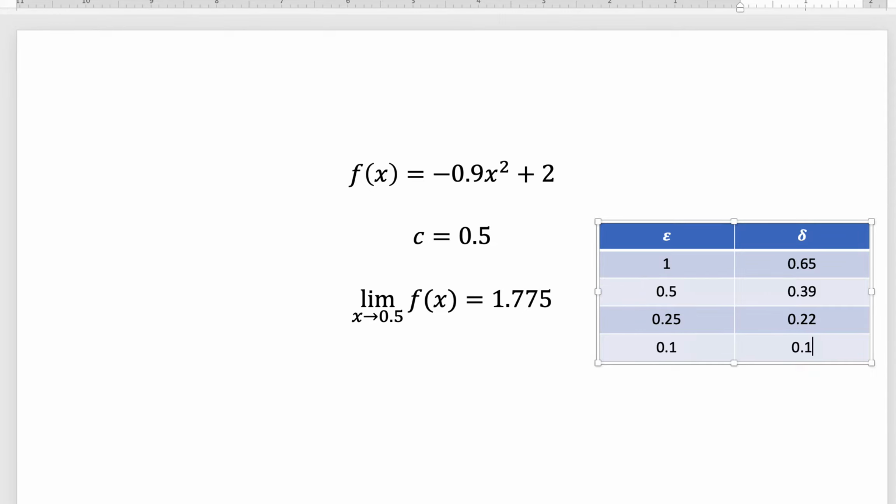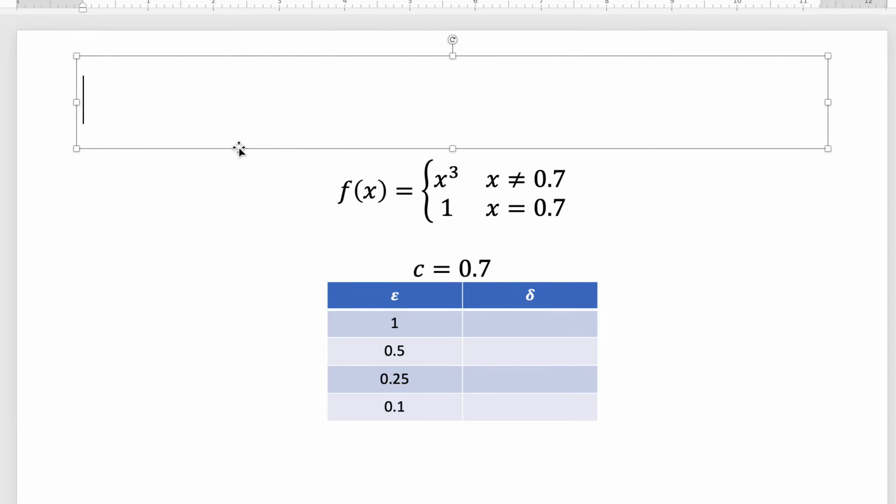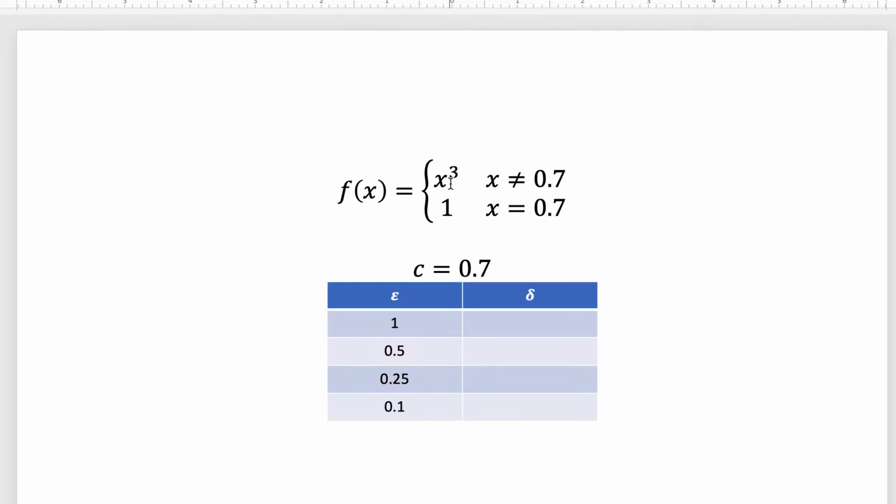Let's look at another function. Here's the function. It's a piecewise function that says f of x is x cubed whenever x is not 7/10, and f of x is 1 when x is 7/10. And we're looking for the limit as x approaches 7/10. I've got a list of epsilons I'm going to try out here.